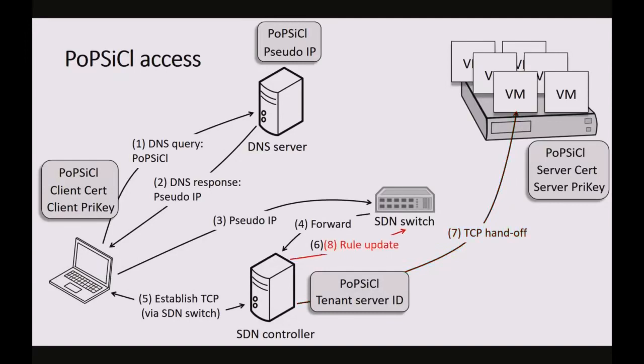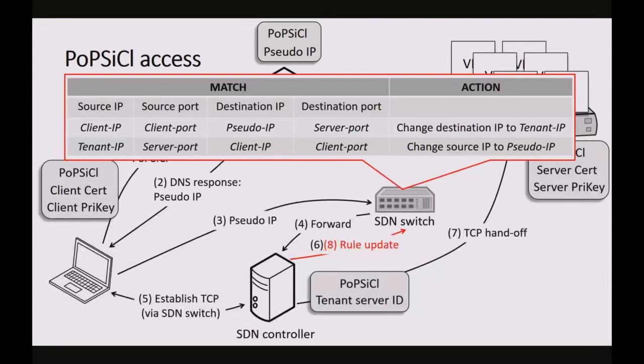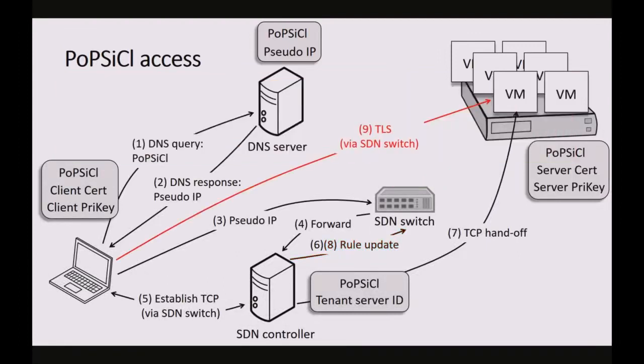And then the controller will update that first rule that was dropping new inbound traffic from that client to the server to simply say, okay, let it go now. We're going to remap anything coming in for the SDN controller from that particular client server port to the tenant server that it was trying to access. Then the client can start connecting and talking to the server, just picking up where the controller left off.